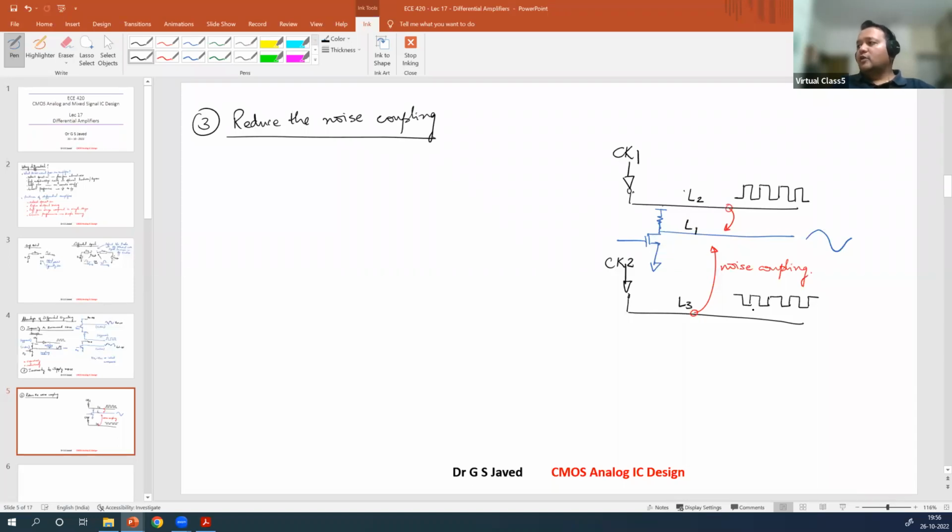So typically now that they are going in opposite direction, this noise coupling will be delta V. And this noise coupling, if it becomes minus delta V, delta V and minus delta V will cancel on L1 and you will get the output. So noise coupled from L2 to L1 and L3 to L1 will cancel each other.